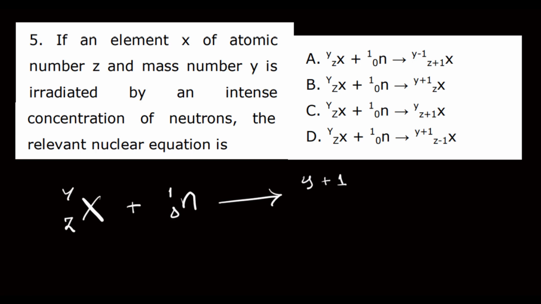Z plus 0, which is still Z. Since the atomic number does not change, it still gives us Z. So if we evaluate this further, the mass number of X will now be Y plus 1, while the atomic number of X will still remain as Z. So what's the answer to the question? That will be option B. So option B is the correct answer.